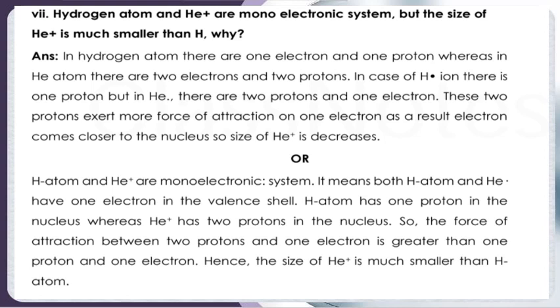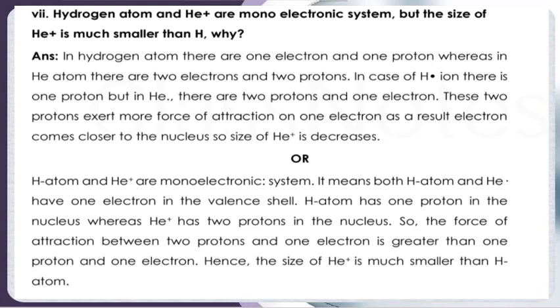Now this time it is helium with the plus sign. What do you think about it? When it has a plus sign, it has lost one of its electrons. So what happens? Two protons are attracting a single electron present in the outermost shell.